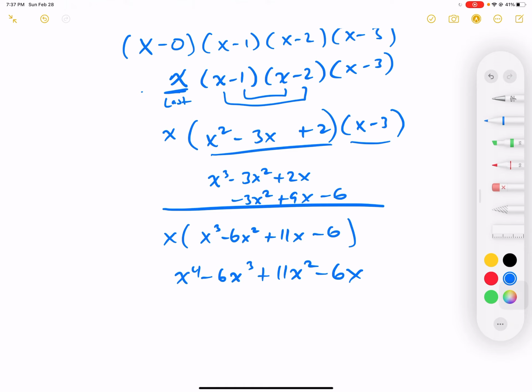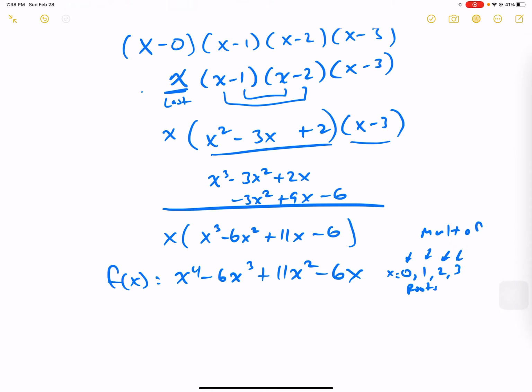And this is the polynomial with the roots, as you mentioned, of 0, 1, 2, and 3. And the multiplicity of each of these roots is 1, because we only saw each of these once.